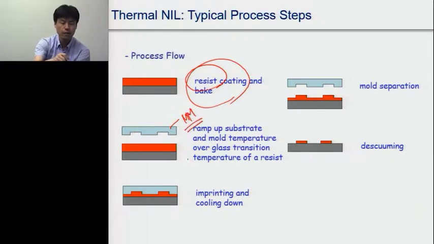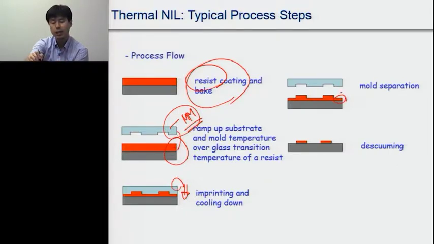We place this resist-coated substrate and the master mold, and then at some point the master mold lowers, contacts the resist, and presses. Then the master mold and the resist are separated, and we always have a residue of the resist.